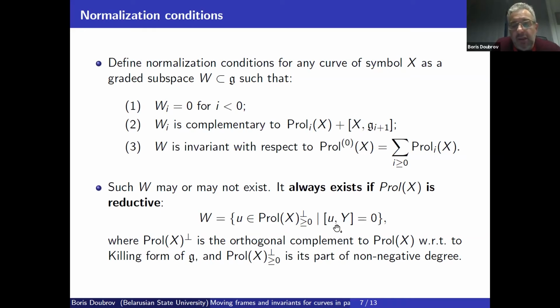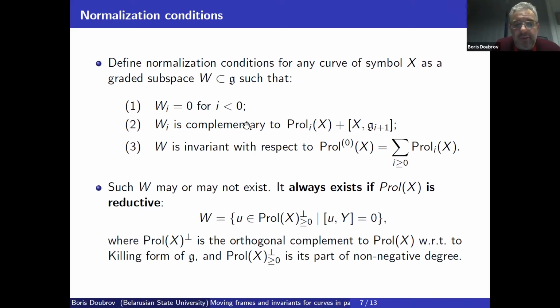So I'm reducing it further by saying that I'm looking only for the elements in such orthogonal complement that are killed by y, where y, I recall, is a part of the sl2 triple x, h, y that always exists for my x. So it's a nice algebraic trick, and it is possible to prove that such a subspace would satisfy all three conditions.